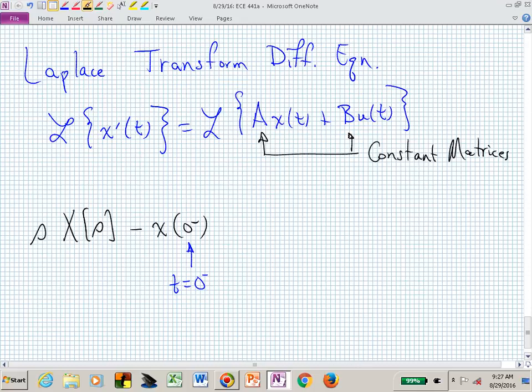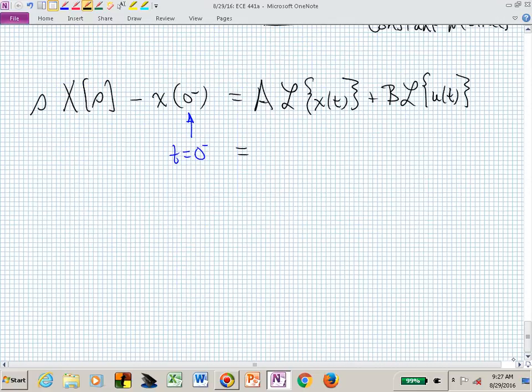Then we have A, a constant matrix, times the Laplace transform of x of t, plus B times the Laplace transform of the input, which could be generically an input vector. In that step, I'm simply emphasizing the fact that A and B are constant, and so they can be factored out of the Laplace transform operation. The Laplace transform slides through, and all we have to do is Laplace transform those time domain waveforms.